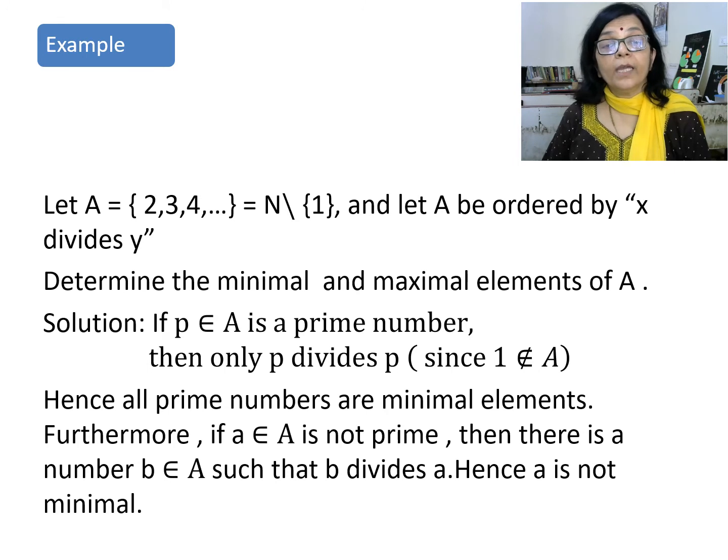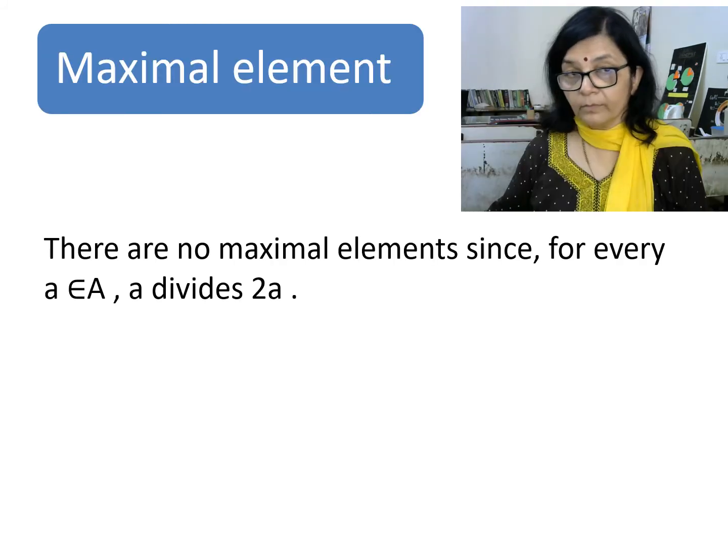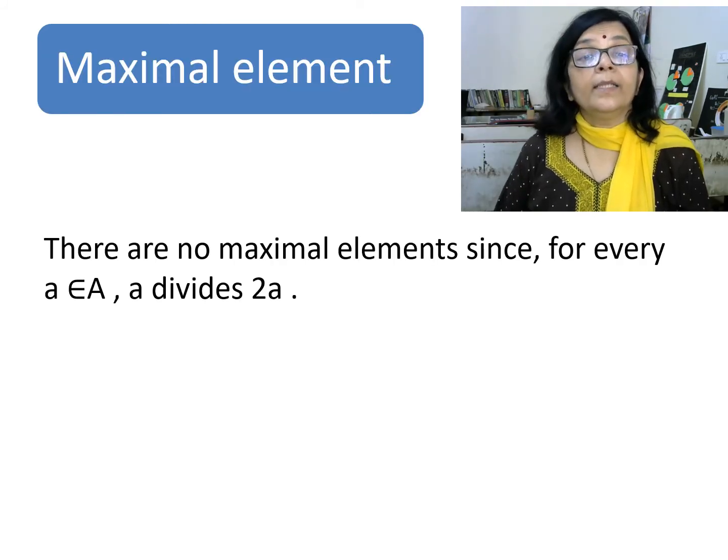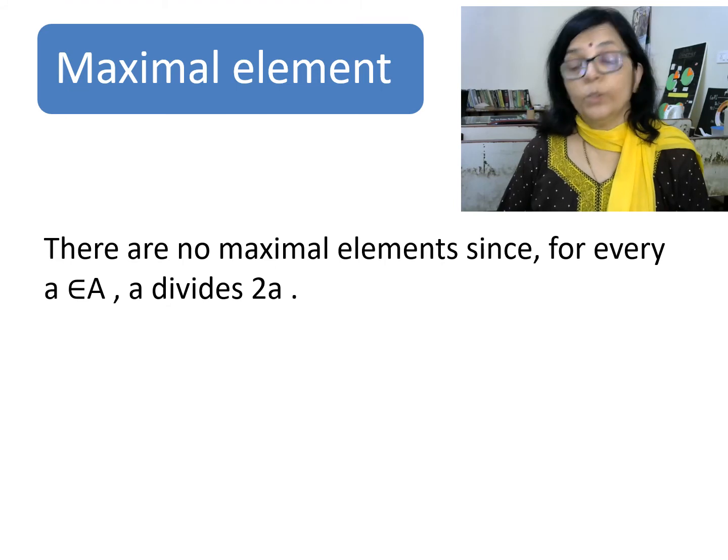Furthermore, if a belongs to set A is not prime, then there is a number b belongs to set A such that b divides a. Hence, a is not minimal. There are no maximal elements since for every a belongs to set A, a divides 2a.